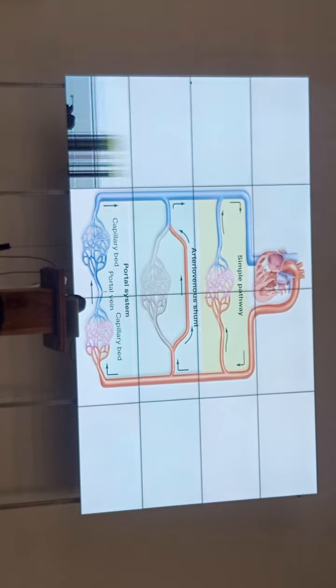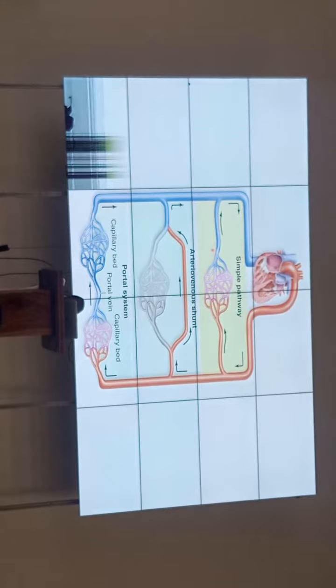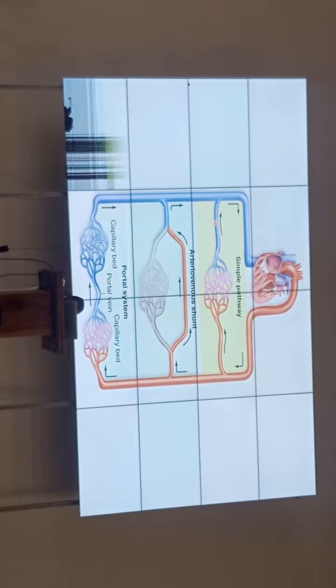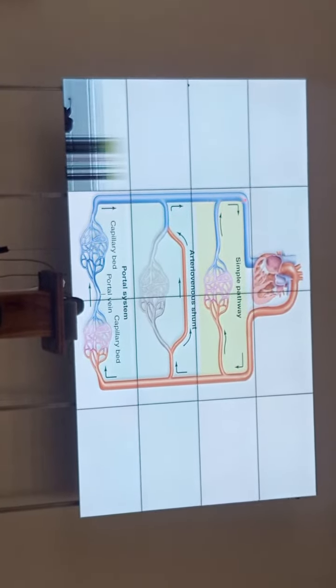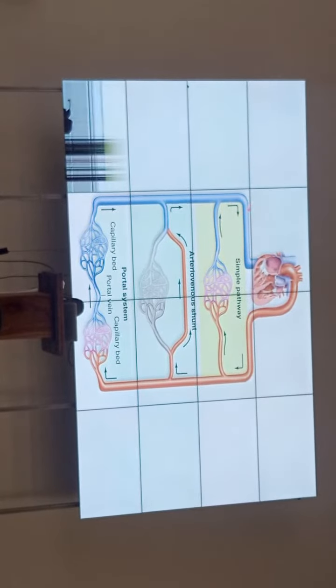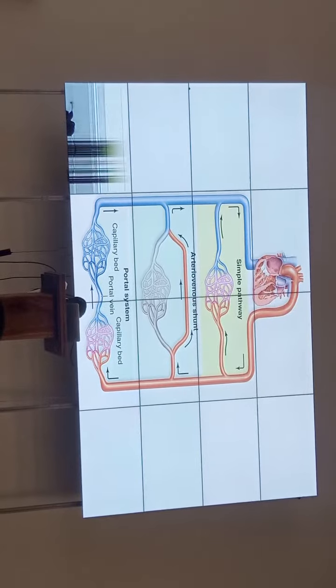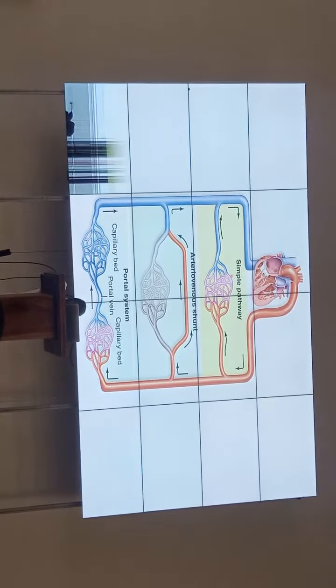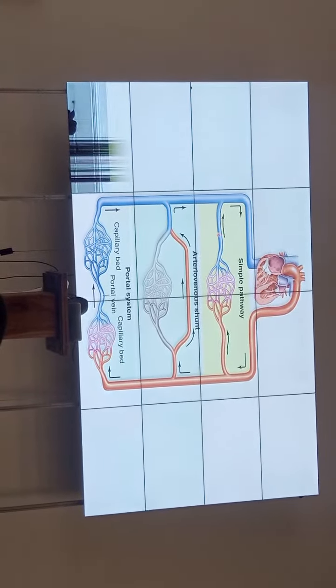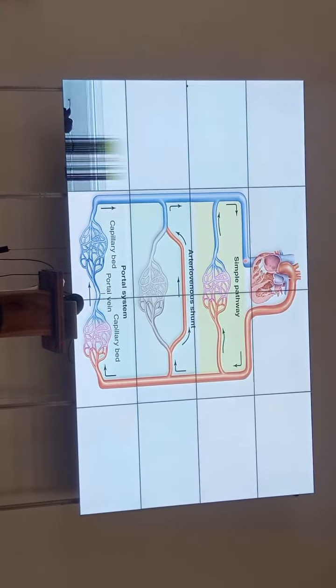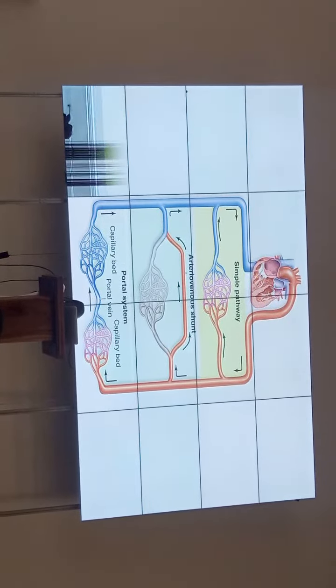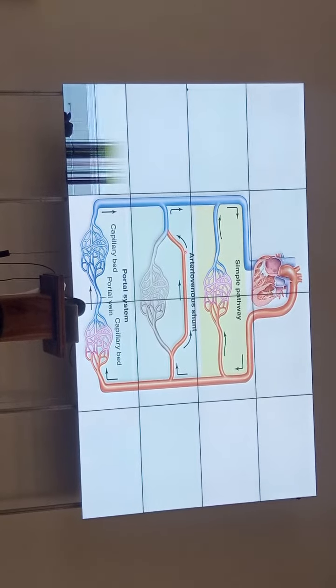From capillaries, we now have venules, medium-sized veins, and then large veins back to the heart. This is the normal flow of blood. Is that clear? I'll get back to this diagram in a little moment.